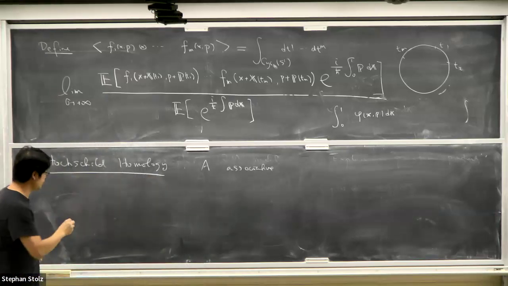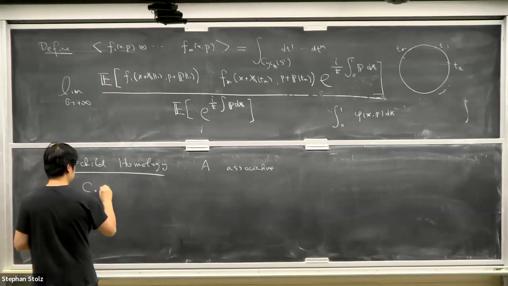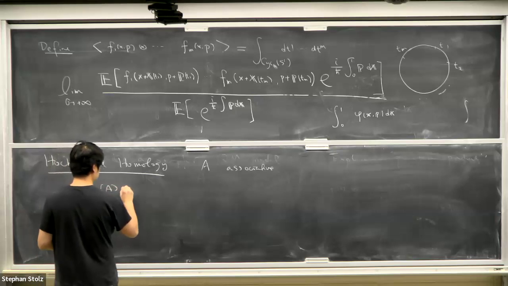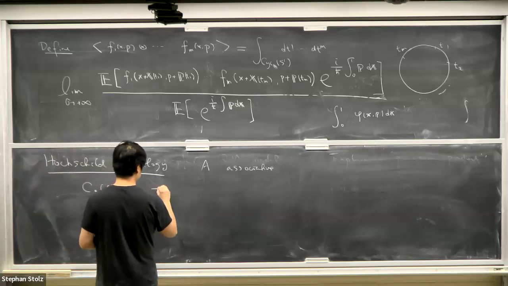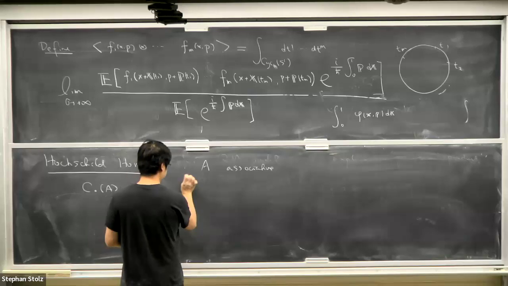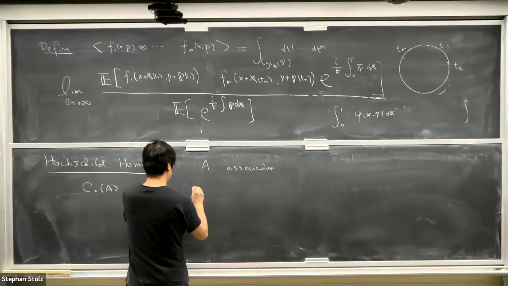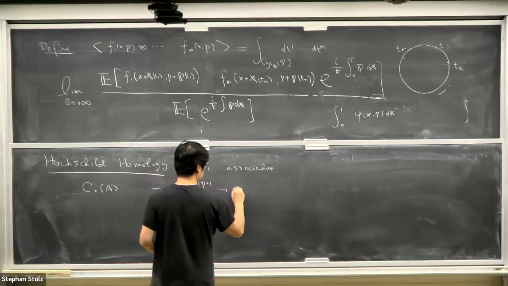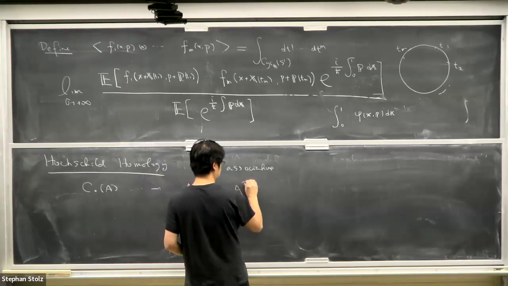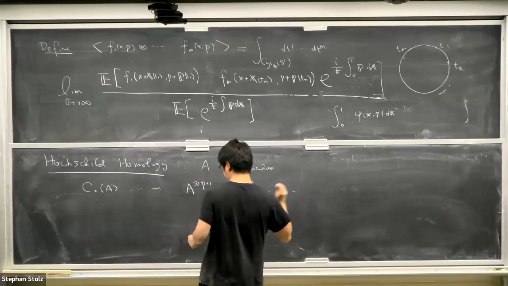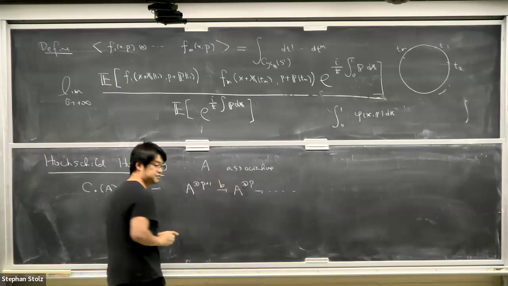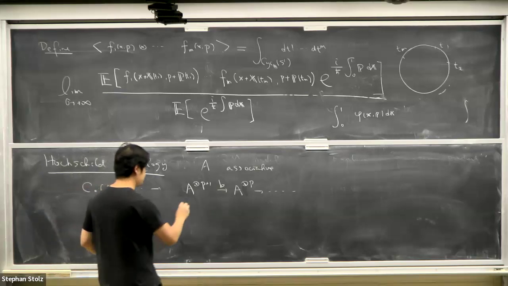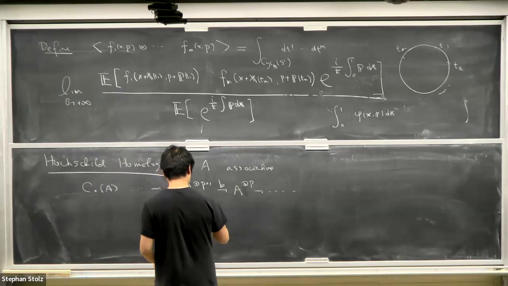Then we have this chain complex, the tensors of this algebra, and with the differential here, the Hochschild differential. This is the degree component of the chain complex.